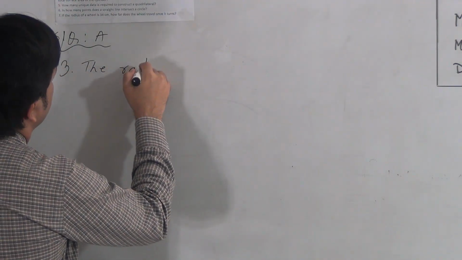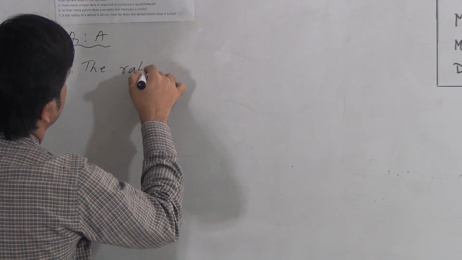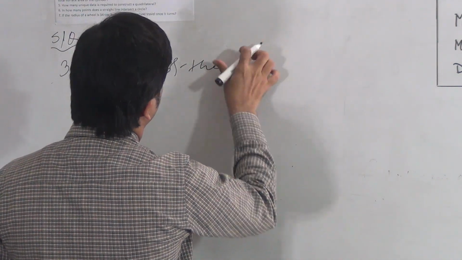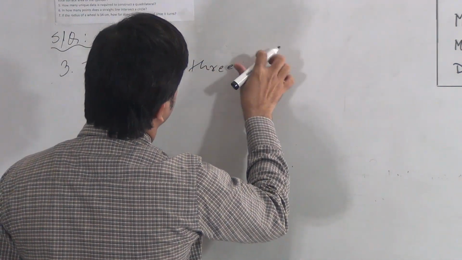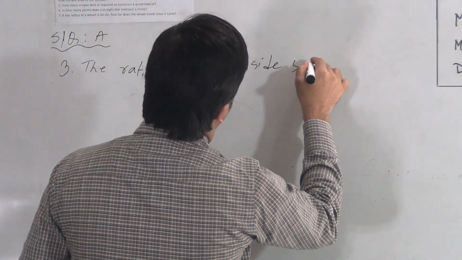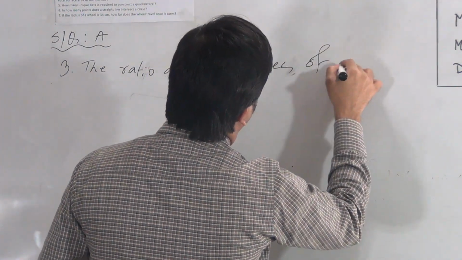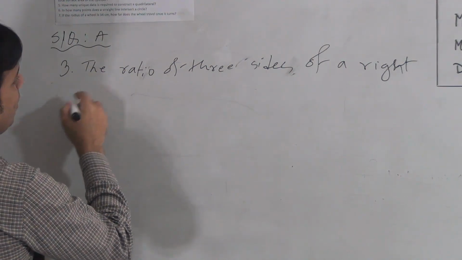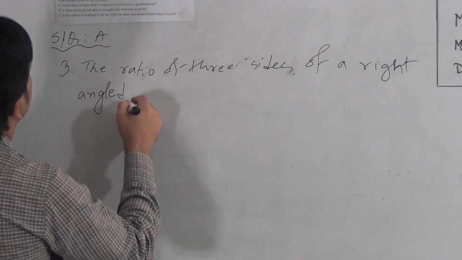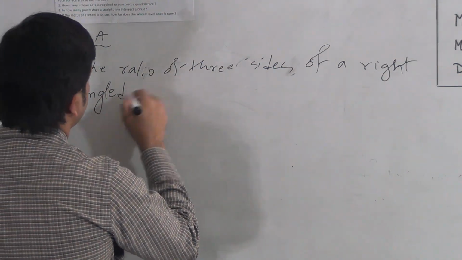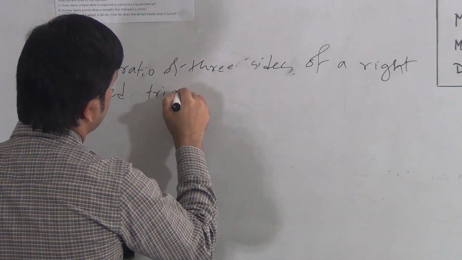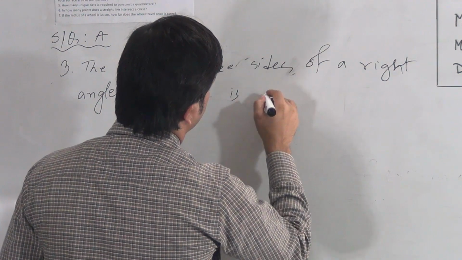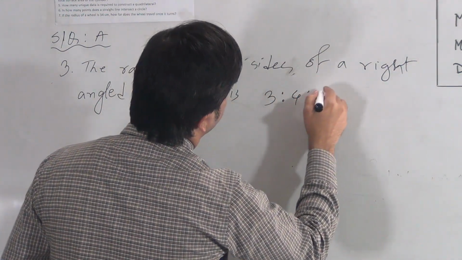The ratio of the three sides of our right angled triangle is 3:4:5.